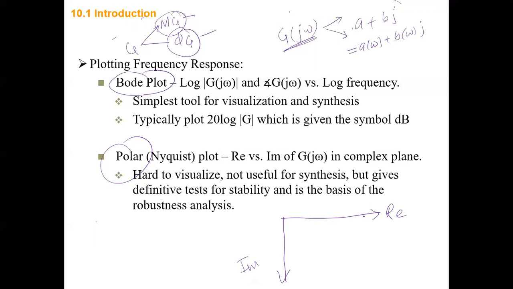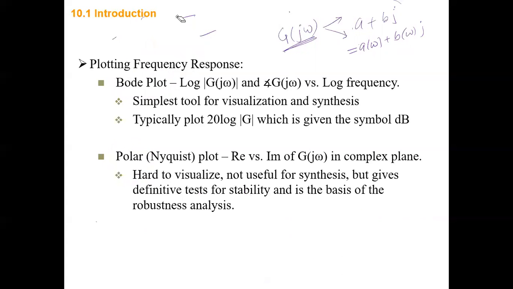For some particular frequency, you have A, B here. For another frequency, you have A, B here, and so on. So you get different points like this, right? This is called the polar plot. We'll do this in detail. I have a solid example for that. This is just the introduction for now.